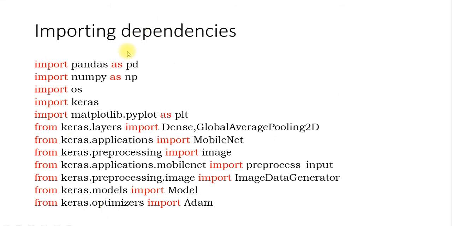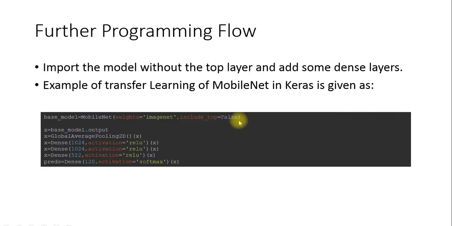These are the dependencies that we'll use: pandas, numpy, keras layers, pre-processing image, import model, and so on. We are going to see this in the next lecture, and you should be acquainted with these dependencies. Essentially this is the programming flow that we'll end up using. Again, we are going to have dense layers and activation functions like ReLU and so on.